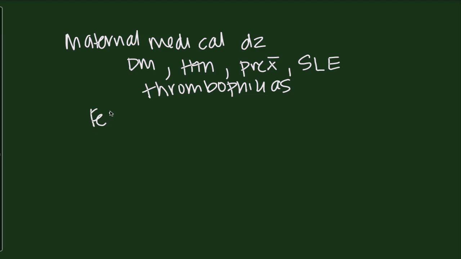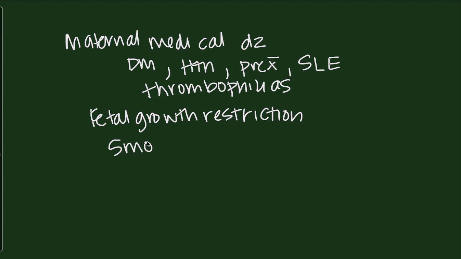Other risk factors: fetal growth restriction, traditionally defined as estimated fetal weight less than the 10th percentile for gestational age. Smoking, one of the few very modifiable risk factors for stillbirth.